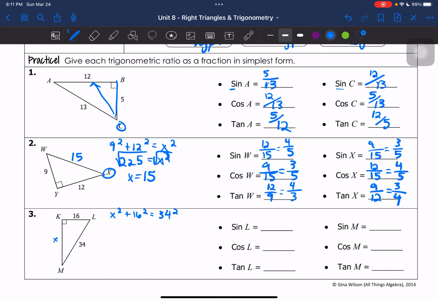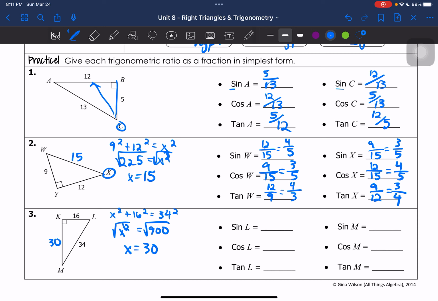Well, if I simplify this, I'm going to end up with x squared, and then I'm going to subtract the 16 squared from the 34 squared, and when I do that, I'm going to get 900. And then I square root this. So x equals 30. So that's what my leg is over here.